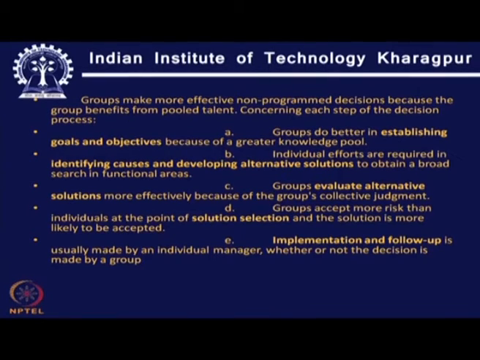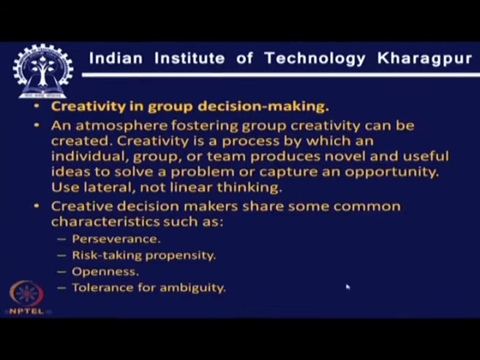The solution is more likely to be accepted, and implementation and follow up are usually made by individual managers, whether or not the decision is made by a group. So, what we find in this discussion is some mix of group effort and individual effort in the process of decision making.